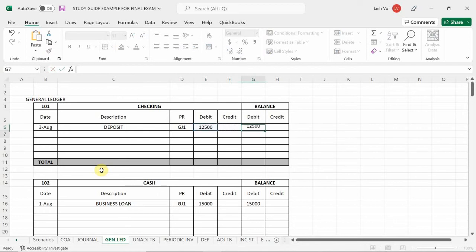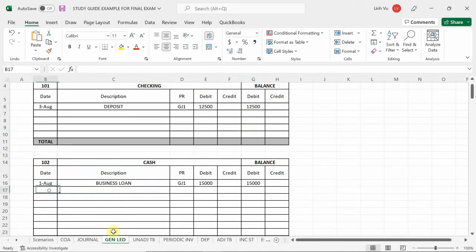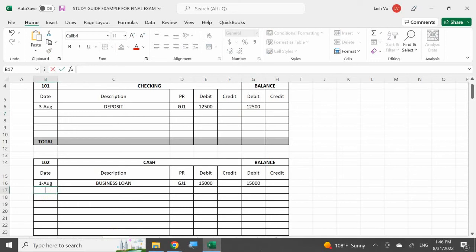So now we have 12,500 cash in our checking account. And then we're going to credit because we had cash in our hands. Now we put the majority of the money into the bank. So therefore, I put in 12,500.